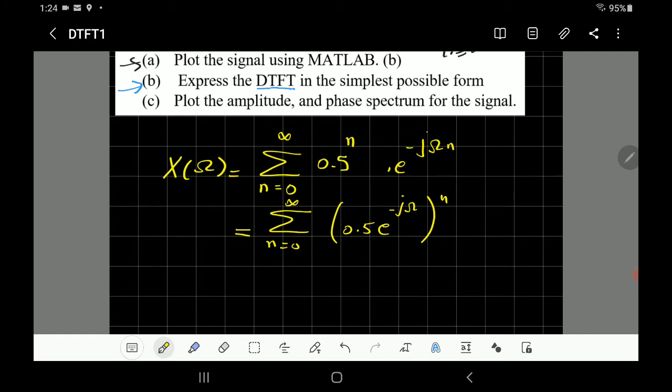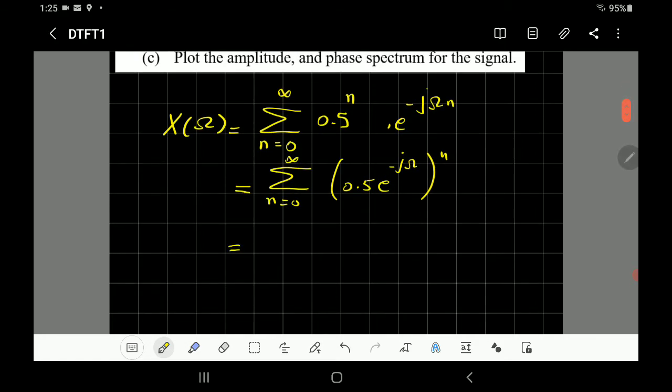All right. So once you do that, you remember this formula: what is the sigma from n equals 0 to infinity of a to the power n? a to the power 0 is equal to 1, plus a, plus a squared, and so on.